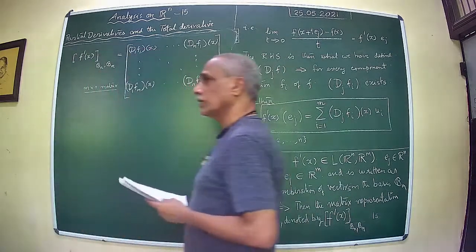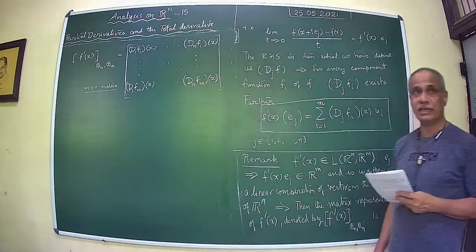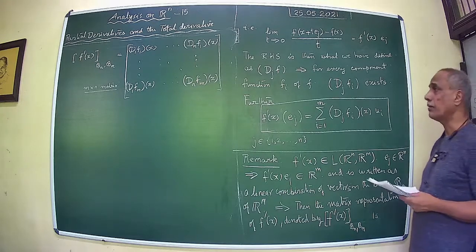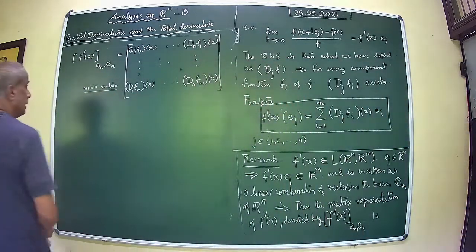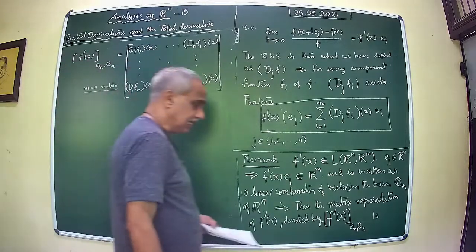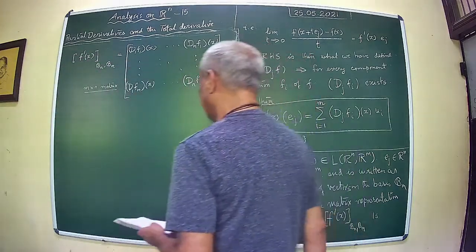This is the representation. It is done in terms of what we call the partial derivatives. So this is the connection between the partial derivatives and the total derivative.